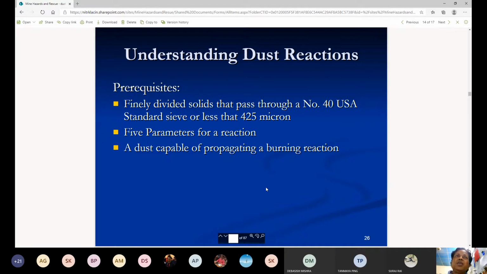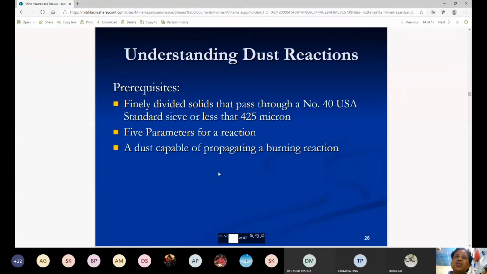What are the prerequisites for a coal dust explosion to take place in coal mines? Coal dust is nothing but a finely divided solid which passes through a number 40 USA standard sieve, whose size is less than 425 micron.